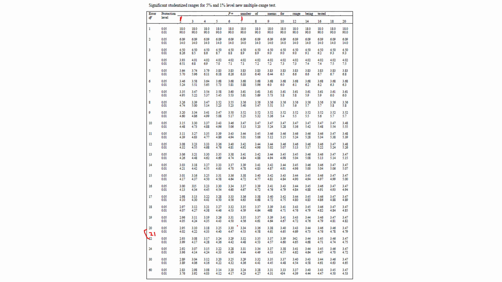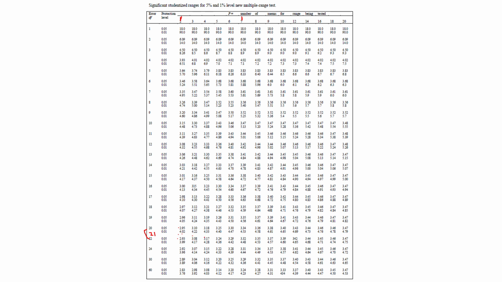The first one is 0.05, the second one is 0.01. So we are referring to 0.05. Since 21 is in the middle, we need to get 2.95 plus 2.93 divided by 2. So you get 2.94, since this one is in the middle.